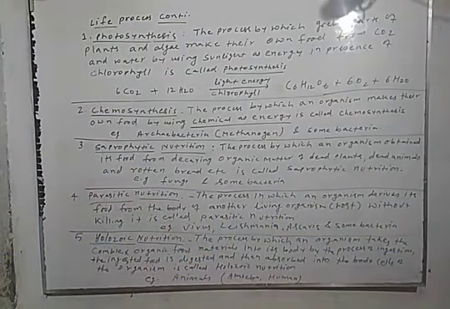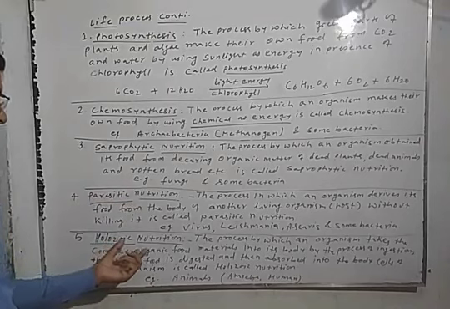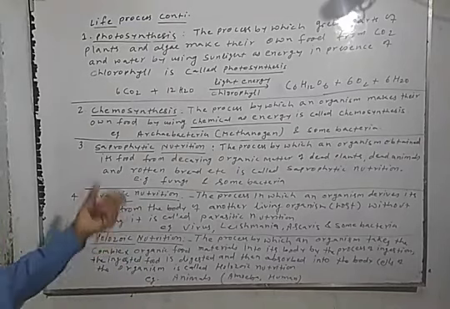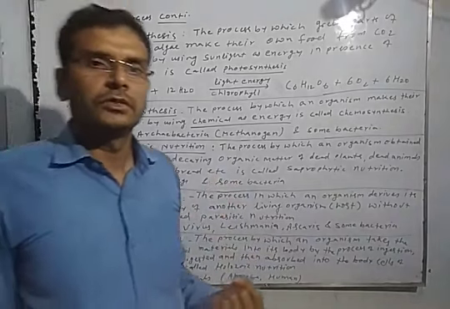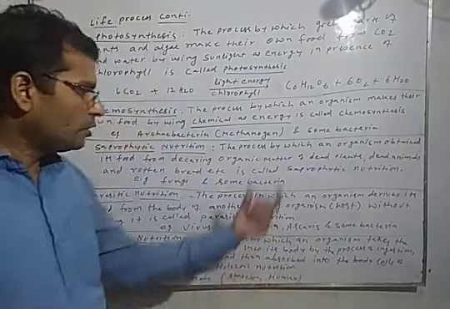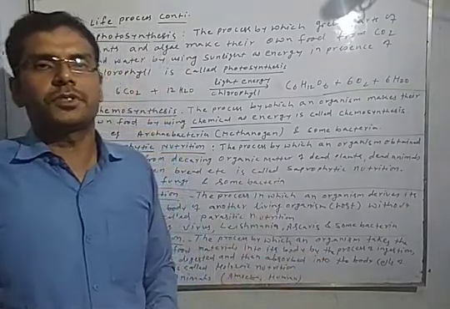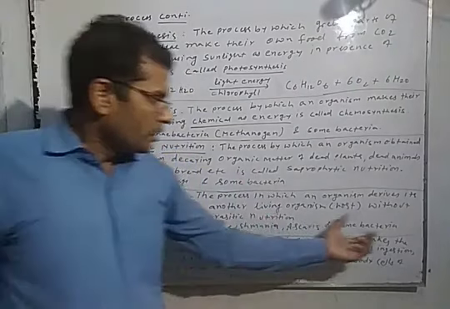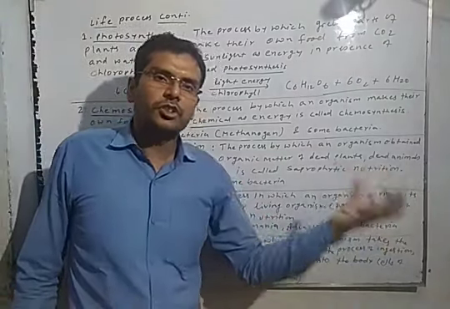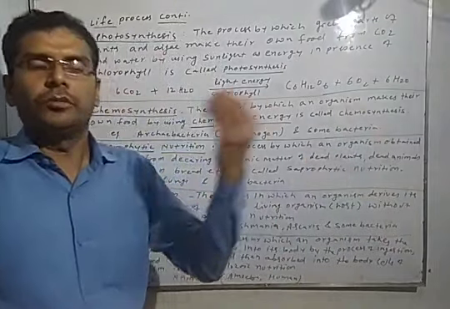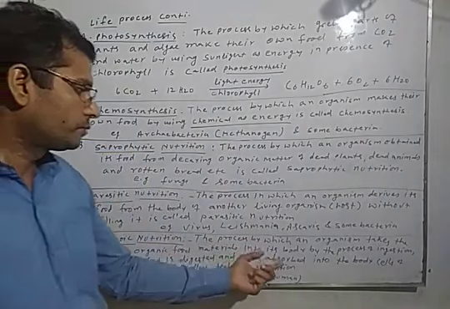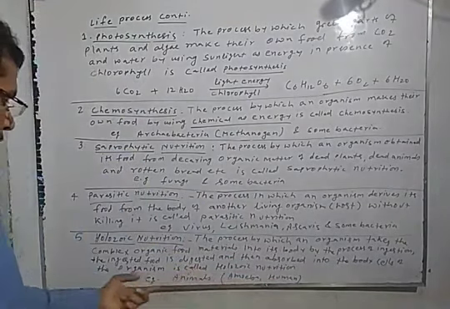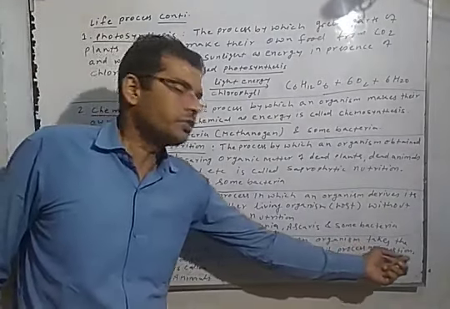Now the next and last one, holozoic nutrition. Holozoic nutrition mostly occurs in animals. In this process, the organisms take complex organic matter into the body, and that process is called ingestion.